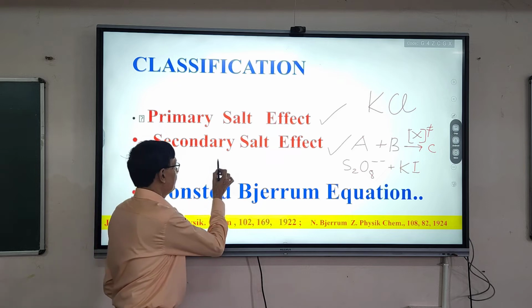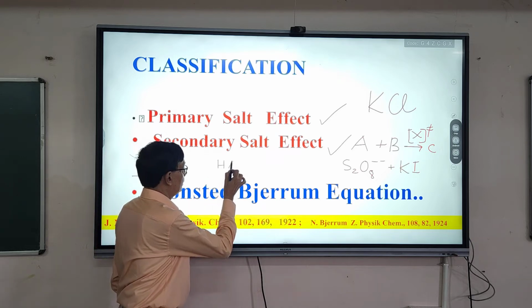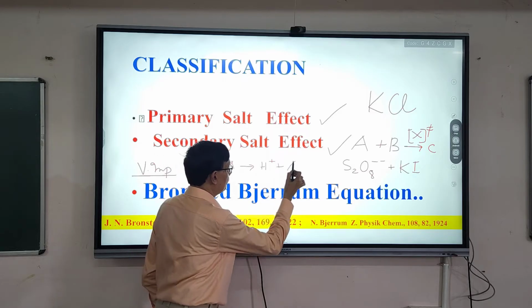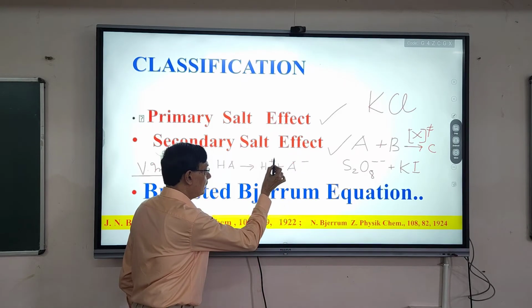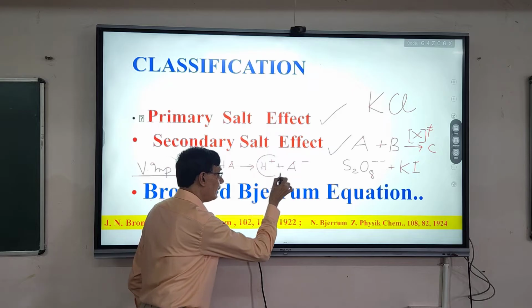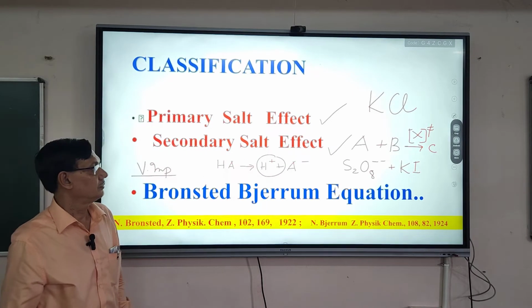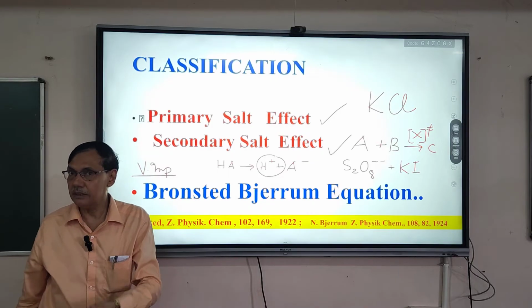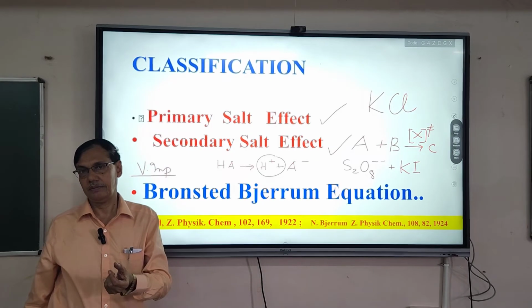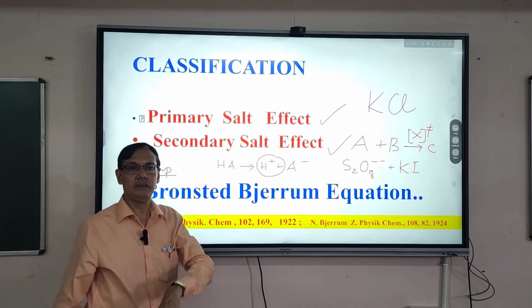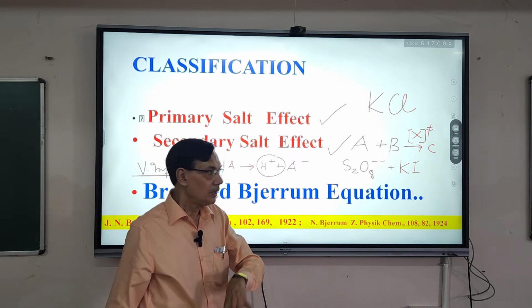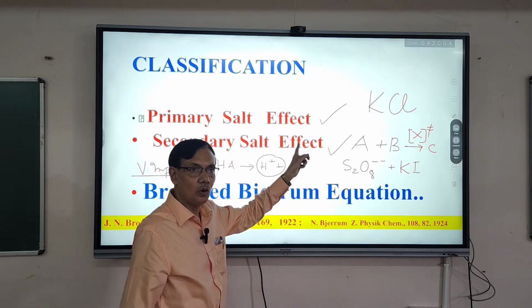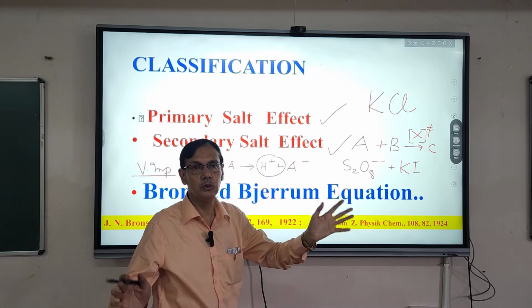Suppose I am using a weak acid and it dissociates into hydrogen ion, and so that electrolyte directly affects the concentration of that species. That is called secondary salt effect. But in this lecture today I will concentrate only on primary salt effect and the Bronsted-Bjerrum equation.